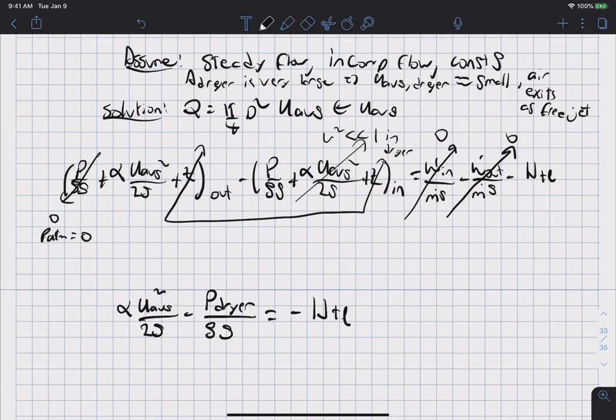Now we need to analyze this equation, and we'll assume turbulent flow for the purpose of analysis, which means alpha equals 1, and check Re D after the fact to make sure.